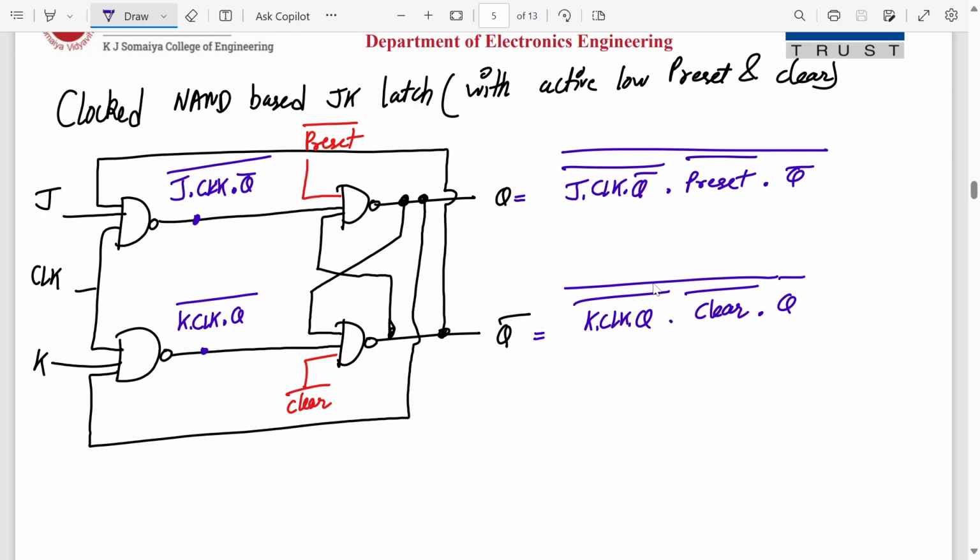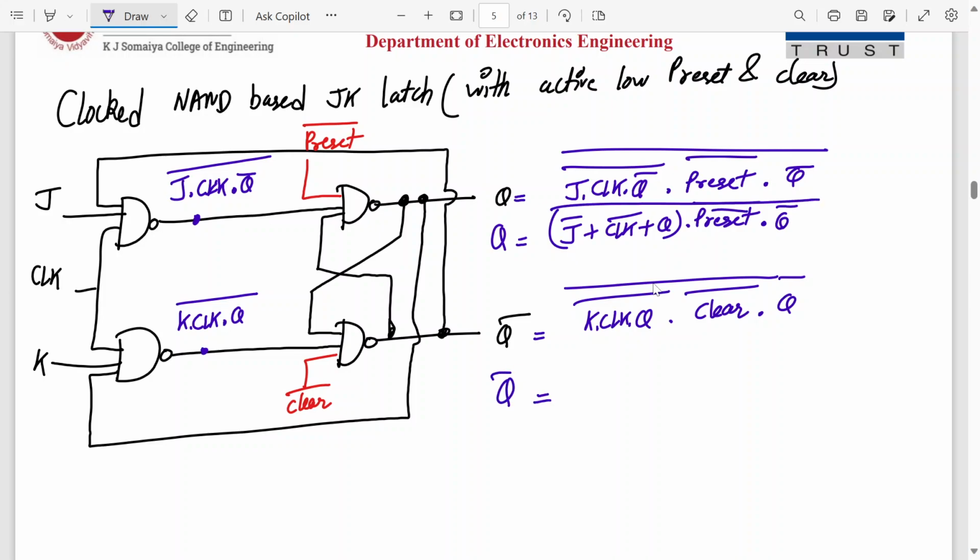Okay, this you can simplify it further. This three we can write all as J bar plus clock bar plus Q bar, into preset bar dot Q bar, right? Yes or no? Yes, sir.